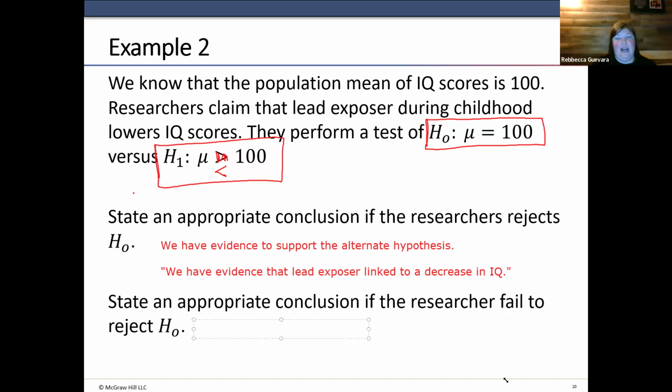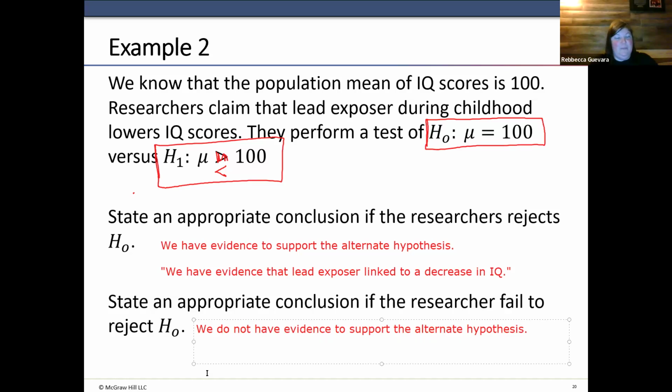Now, if I fail to reject the null hypothesis, that means I can't claim the alternative hypothesis at all. So I have to say we do not have evidence to support the alternative hypothesis.